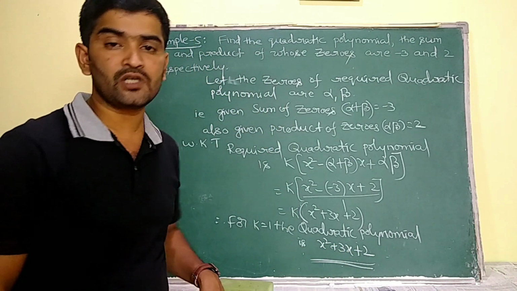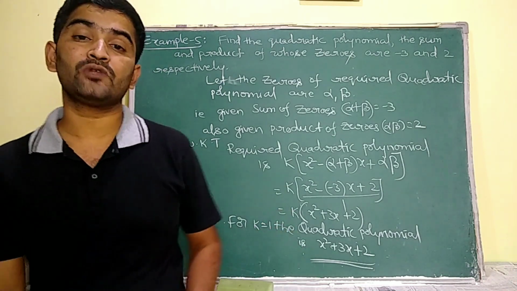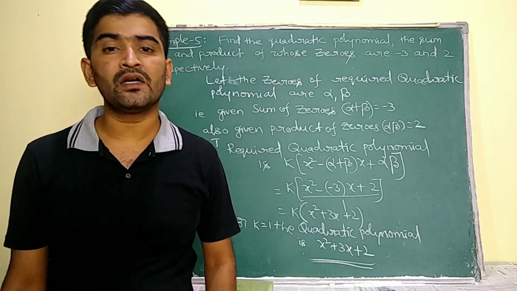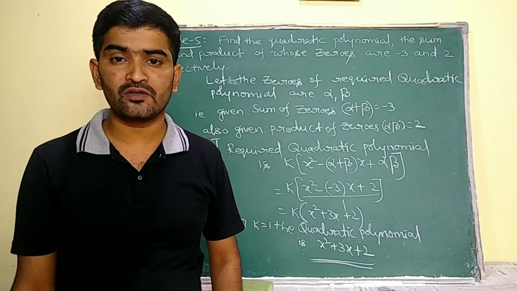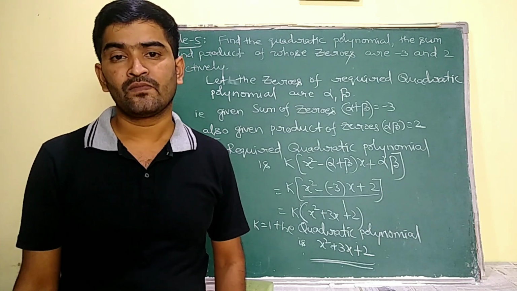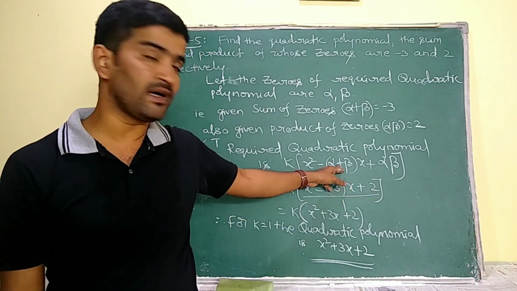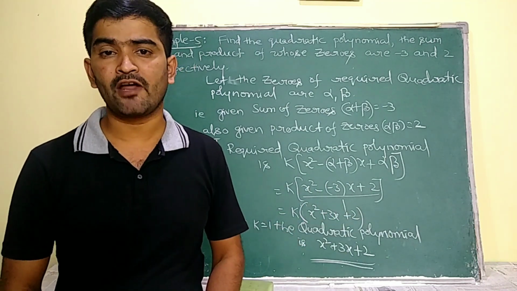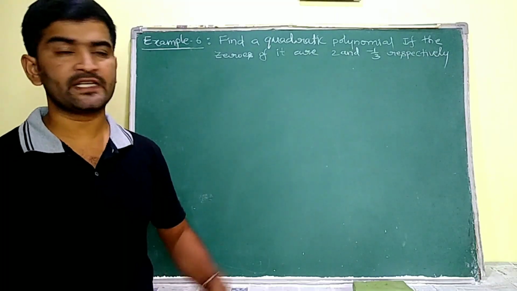In this way we are going to solve the problem. Sometimes they are going to ask you the k value in bits. If minus 3 comma 2 are the sum of zeros and product of zeros, then in the required quadratic polynomial the k value is, then you have to write directly this formula and then substitute those values. By that you have to calculate the k value. Understand? See my example 6.